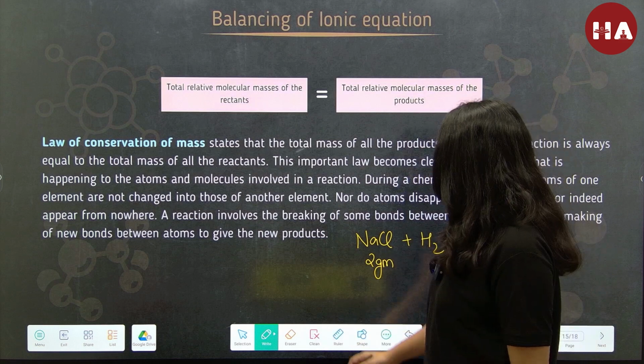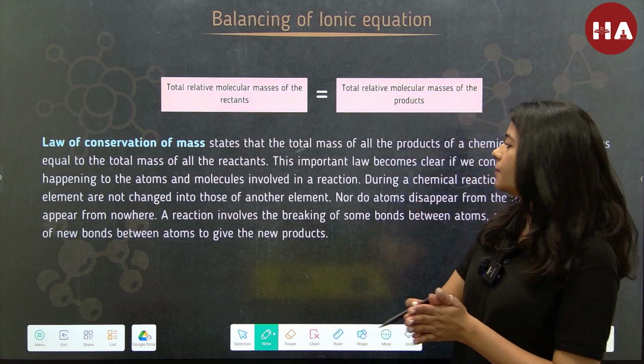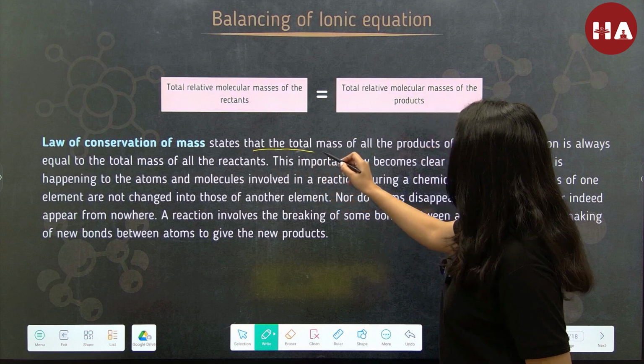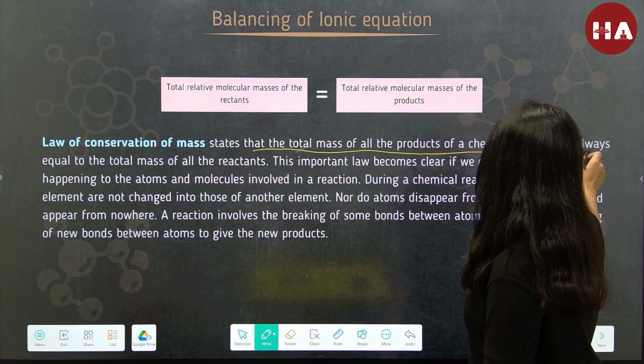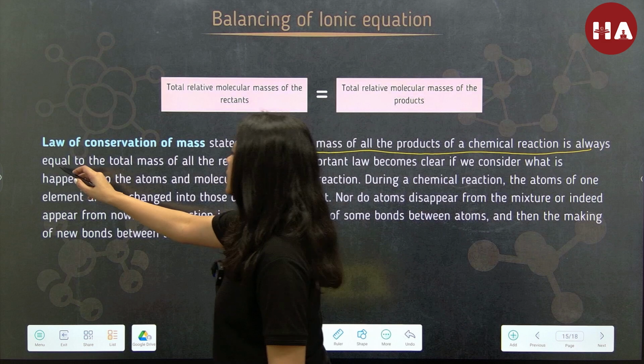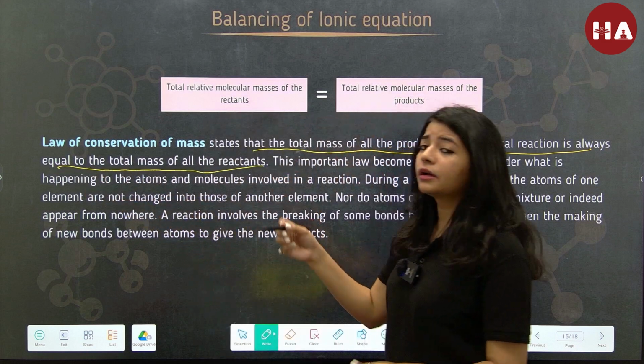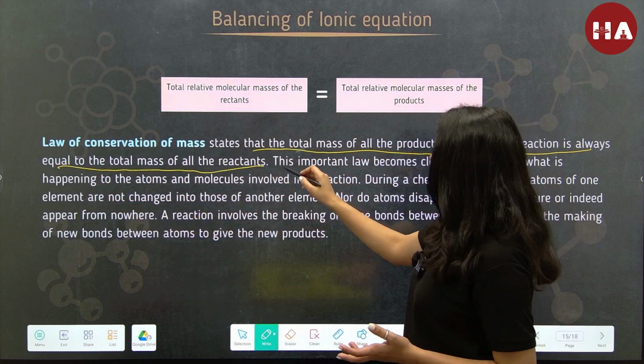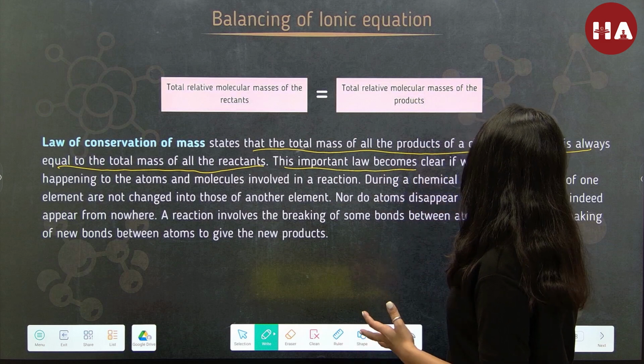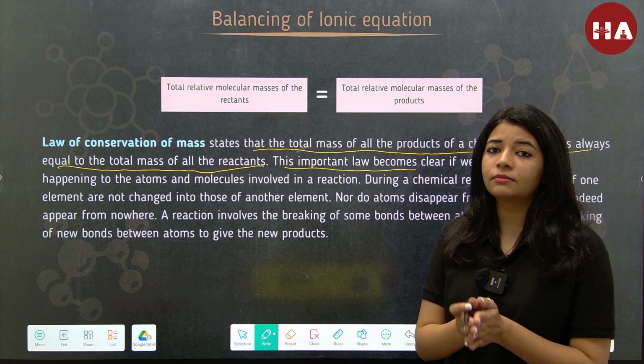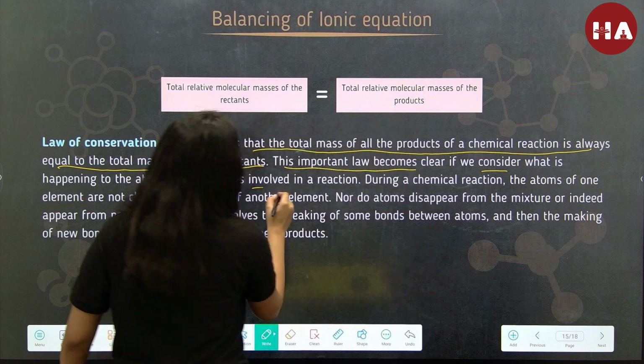Similarly, the law of conservation of mass also states the same thing. It states that the total mass of all the products of a chemical reaction is always equal to the total mass of all the reactants. This important law becomes clear if we consider what is happening to the atoms and molecules involved in a reaction.